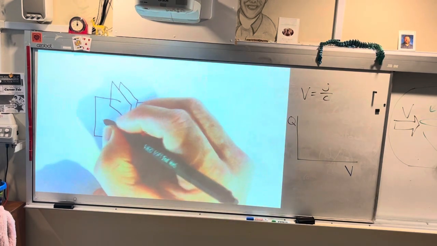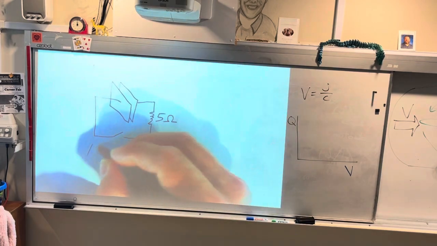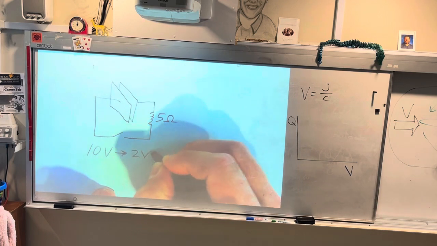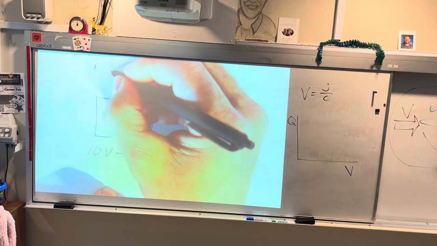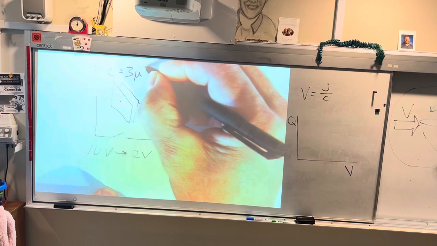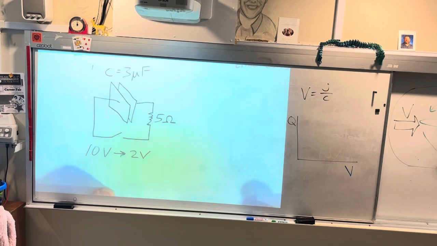I should have drawn a cell in here or something, but let's say we start with 10 volts and it's going to discharge to 2 volts. And our capacitance, let's say, is 3 microfarads. And the question is, how long does this discharge take?